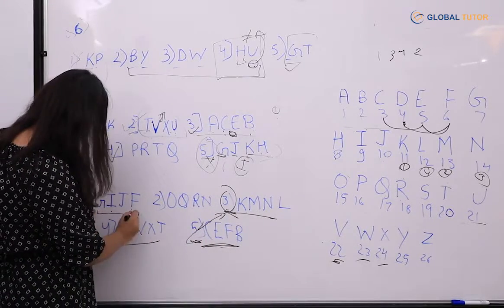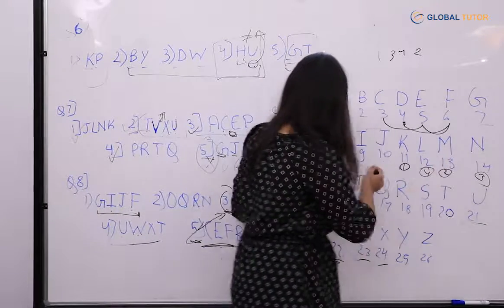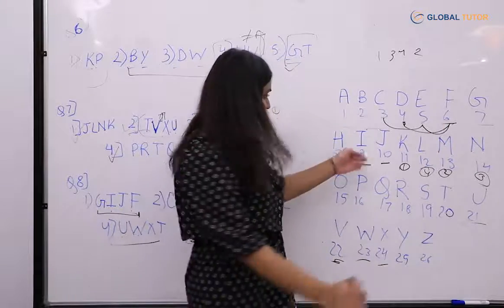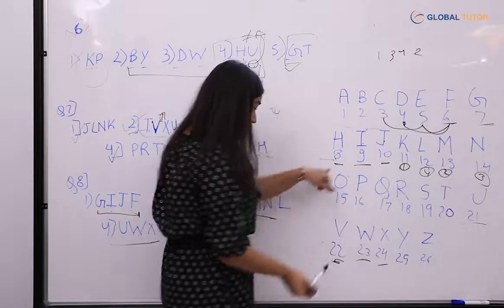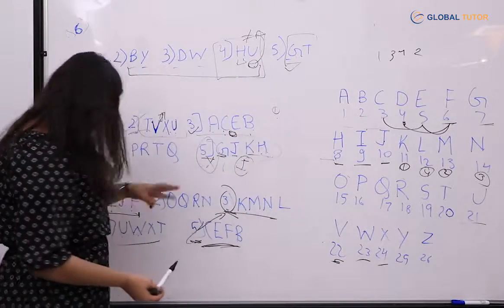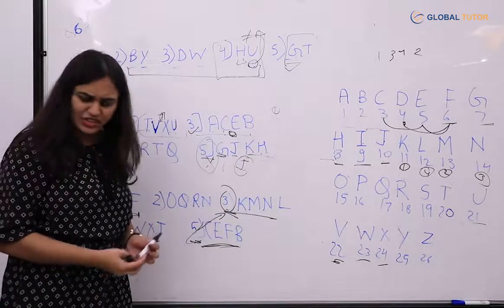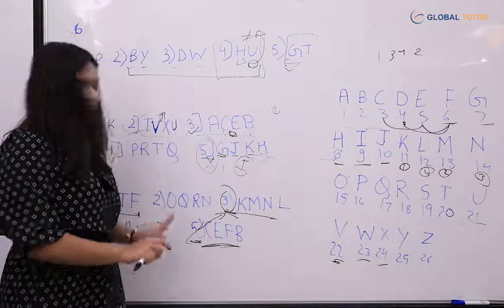So there we've got G, I, and J, and then F. It doesn't match, right? You skip an element, I and J, and then it should be H. But it is not H, it is F, which means we have got 3 different patterns being followed in this question. So we can't say which one is the odd one out, or we can't decide.